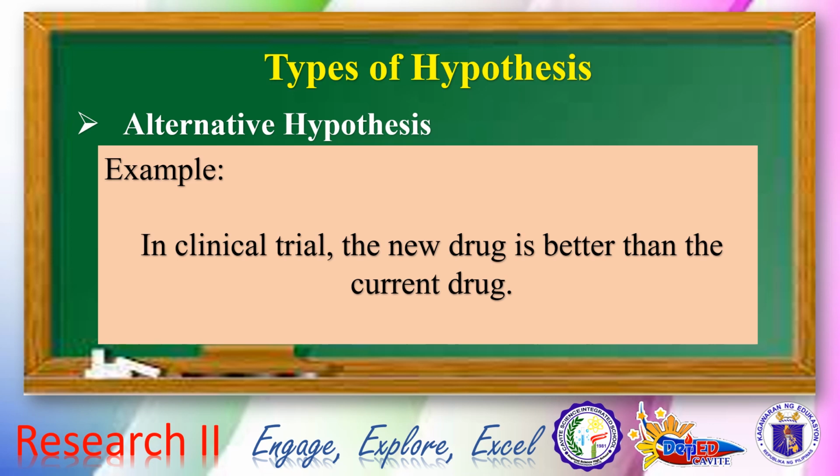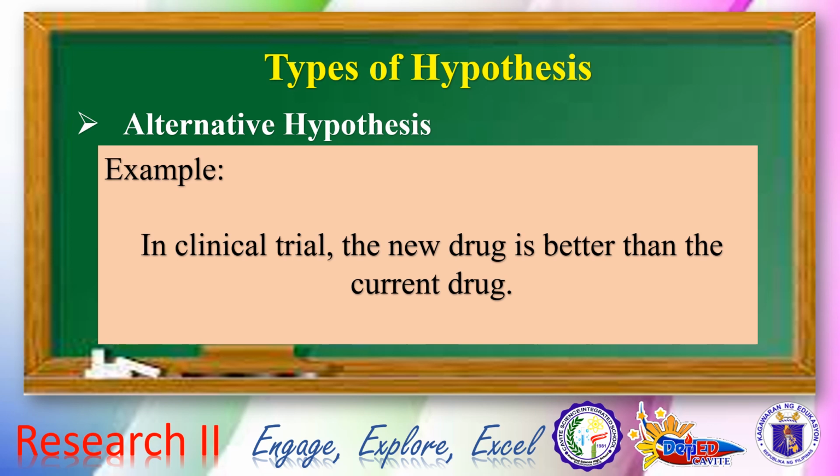And you may change your facilitator or you may retain your tasks, so it's up to your group. So you're going to formulate 2 hypotheses. One null hypothesis and one is alternative hypothesis based on your research problem. So I hope you understand the instructions. So ganun ulit ang gagawin.